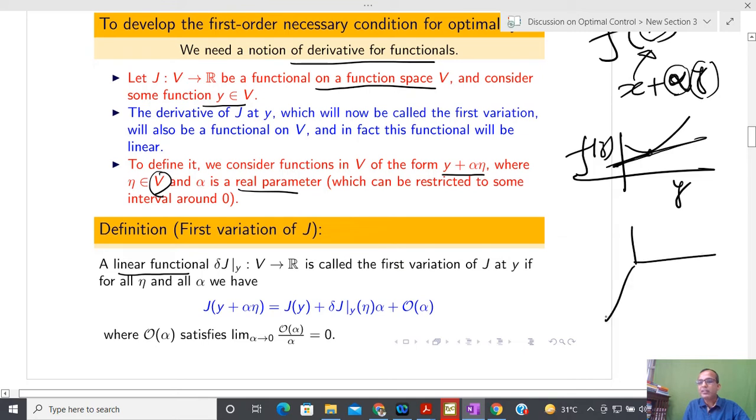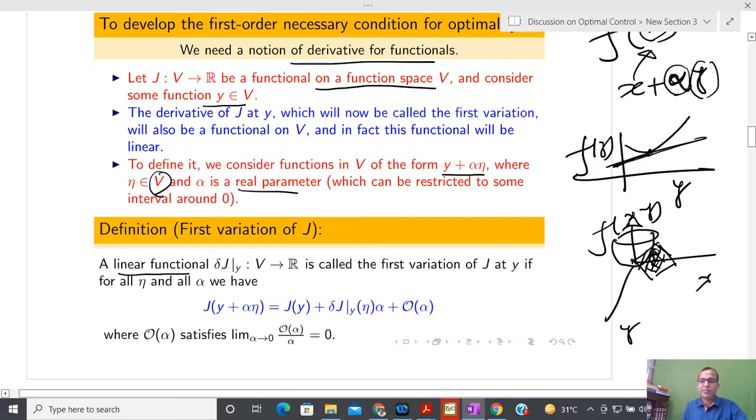Suppose you are in two dimensions, with x and y, so now the function is f(x, y), and I have something like a ball kind of surface. Now if I have to talk about the derivative, then we have to talk about some kind of linear transformation.